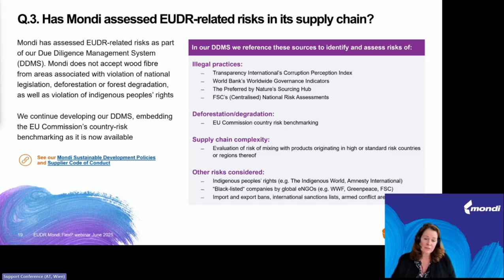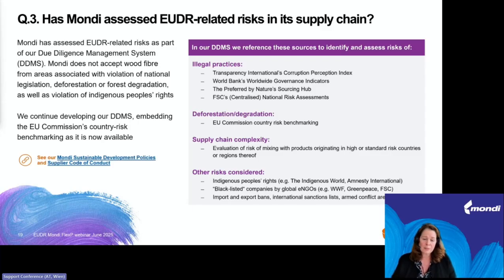We also look specifically, of course, in terms of deforestation and degradation. Now, the resource to reference is the EU Commission Country Risk Benchmarking. We previously also looked at national risk assessments and so on there. And then we also have to address potential supply chain complexity. So we need to evaluate the risk of mixing of products that might originate in high or standard risk countries, or whether all of that supply is from low risk countries.